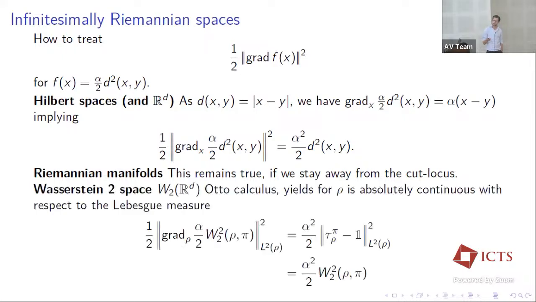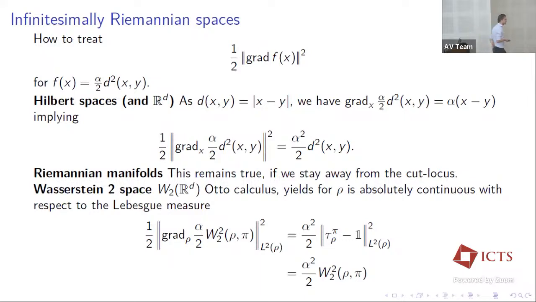And perhaps an interesting one, on the Wasserstein 2 space, it was Otto that realized that there you can do this also. Now, if you have never seen it before, don't worry. So you take the Wasserstein 2 gradient of your squared Wasserstein metric. What you pick up is the L2 norm of the optimal transport map from rho to pi minus the identity.